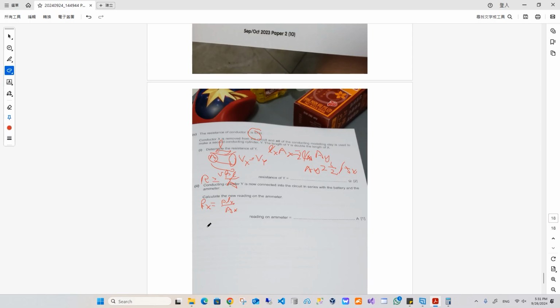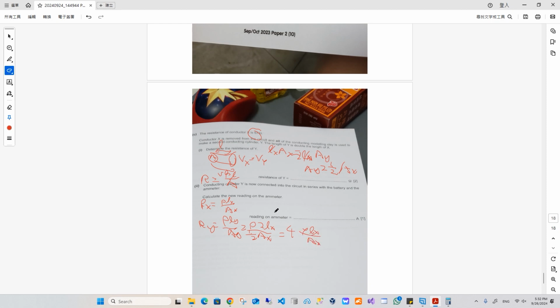Your resistance Y is rho Ly over Ay, but Ly is 2 of Lx, and area Y is half of area X. Therefore, I have 4 times rho Lx over Ax.